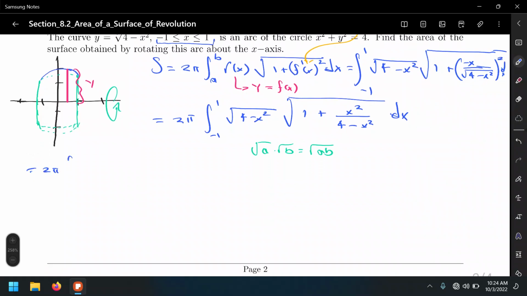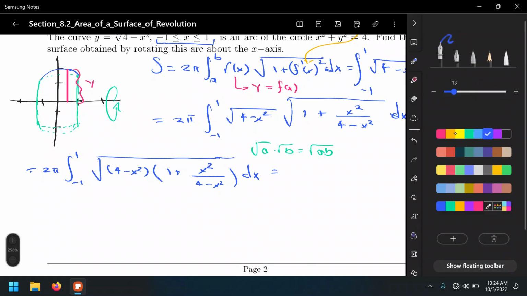that's 2 pi, the integral from -1 to 1 of the square root of the quantity 4 minus x squared times the quantity 1 plus x squared over 4 minus x squared, dx. So what I'm going to do here is distribute everything.